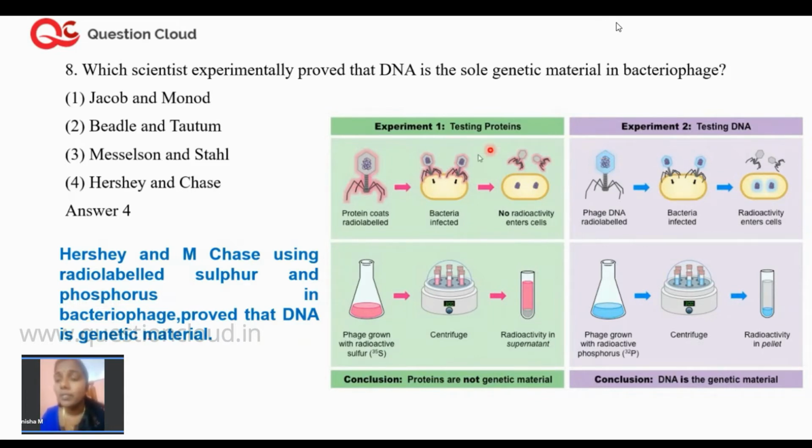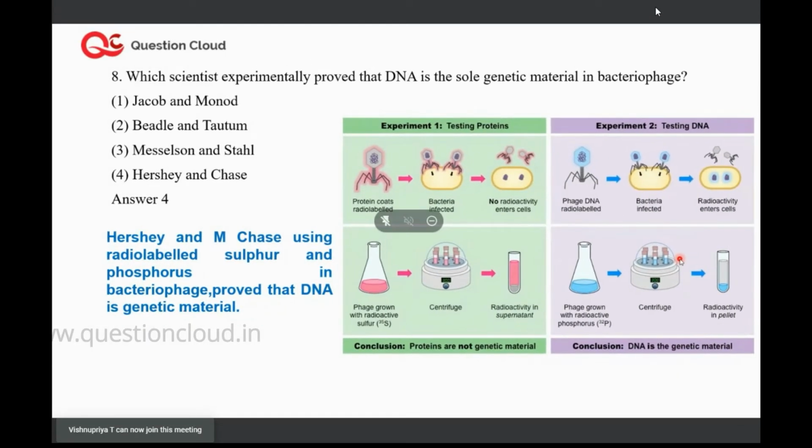In one panel, they took a phage, or virus, that was radio-labeled for proteins, and in the second compartment, they took a virus that was radio-labeled in the DNA. When they infected E. coli cells, E. coli is Escherichia coli, they found that the E. coli cells infected with radio-labeled DNA became radioactive.